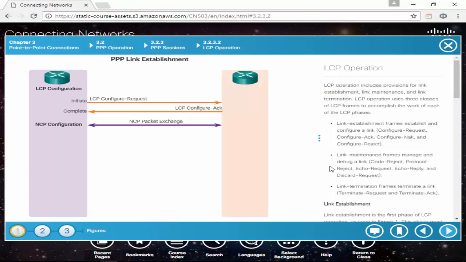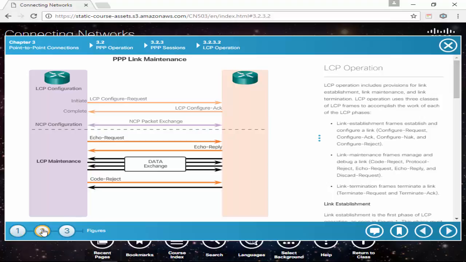Once again, I believe you have a drag and drop or something on this. So: LCP configure request, LCP acknowledge, NCP packet exchange. Then after we're established, that's the initial.